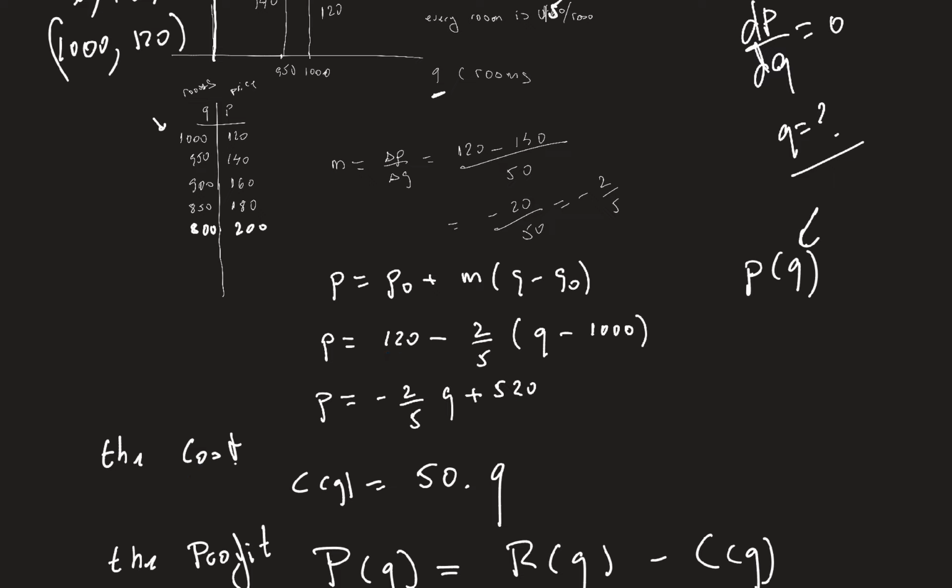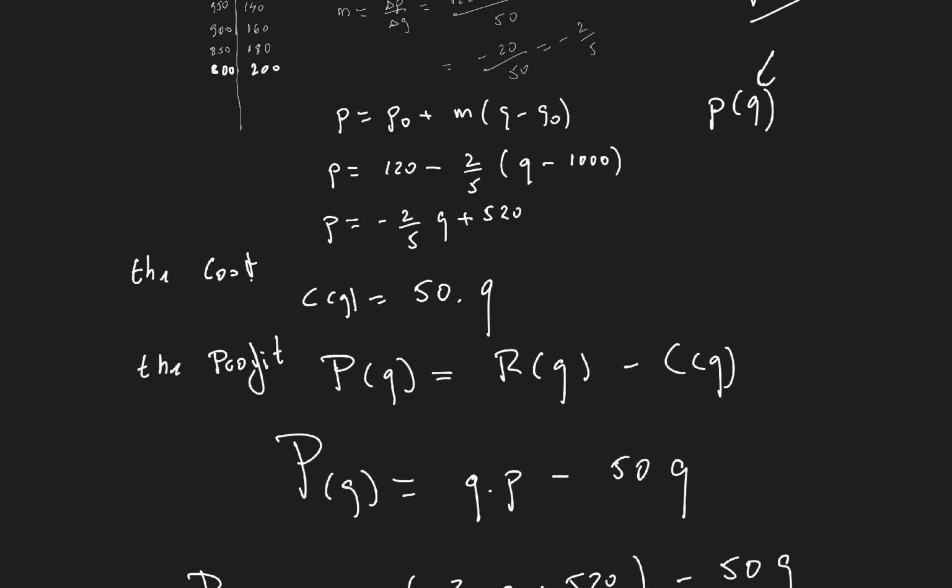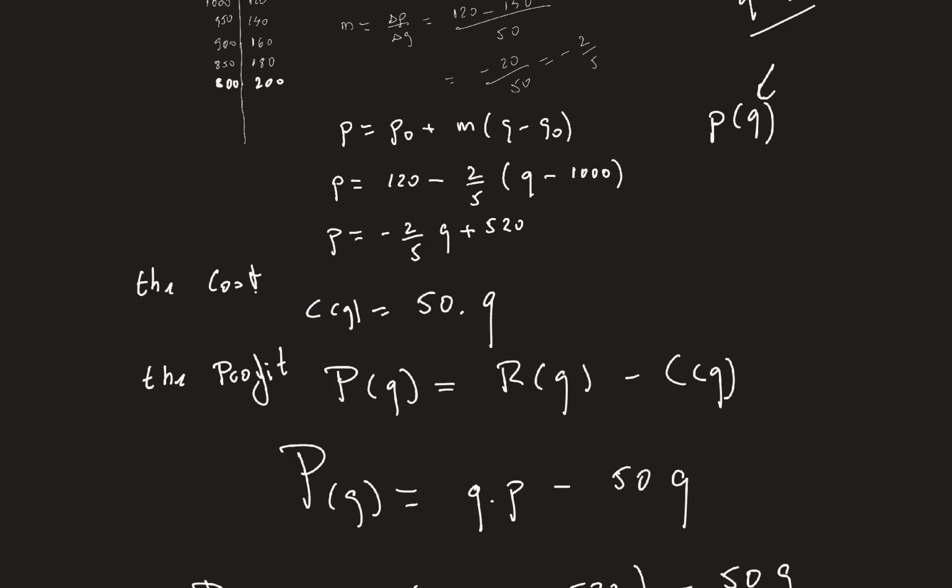The cost to maintain an occupation of Q units is $50 per unit, so the cost will be 50 multiplied by the number of rooms that are occupied. More rooms occupied, more cost. And the profit is the revenue minus the cost.